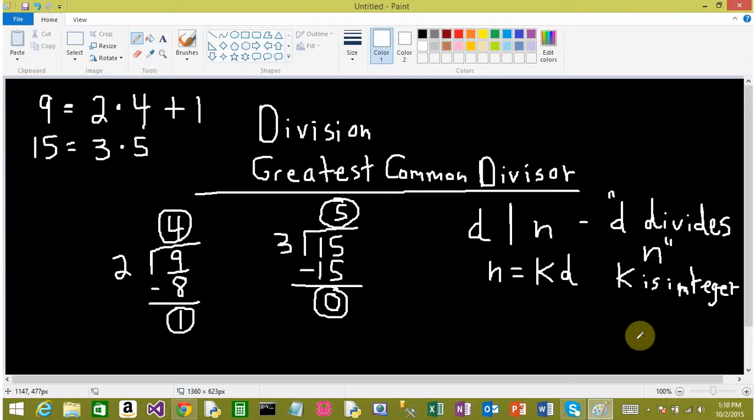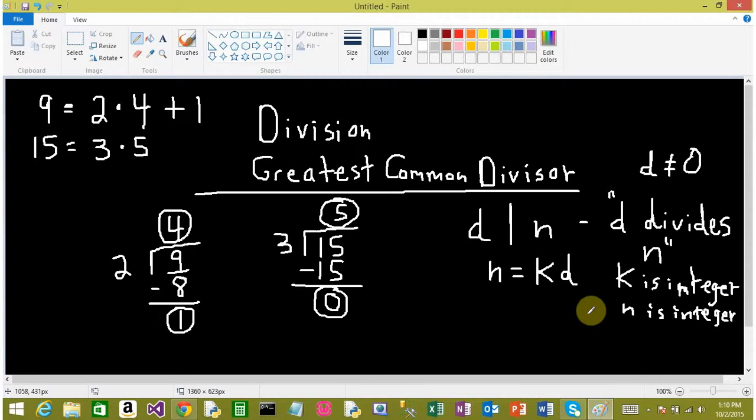It's also important to note that D, the divisor, can't be 0 because we can't divide by 0, and n is some integer, which can be 0.